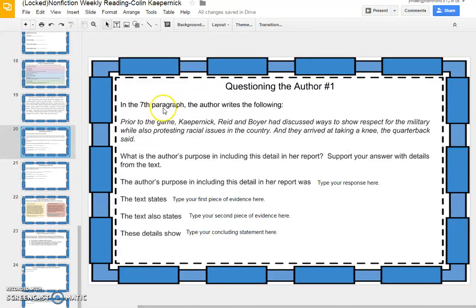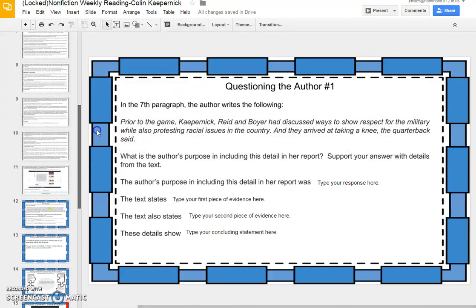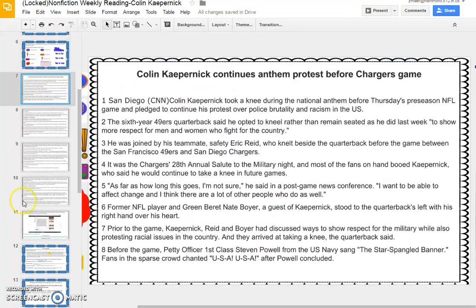Since I see that this is the 7th paragraph, I'm going to go back up to the text, and I'm going to read around the 7th paragraph. I can see here in the 6th paragraph, it says former NFL player and Green Beret Nate Boyer, a guest of Kaepernick. Well, I need to know what a Green Beret is.